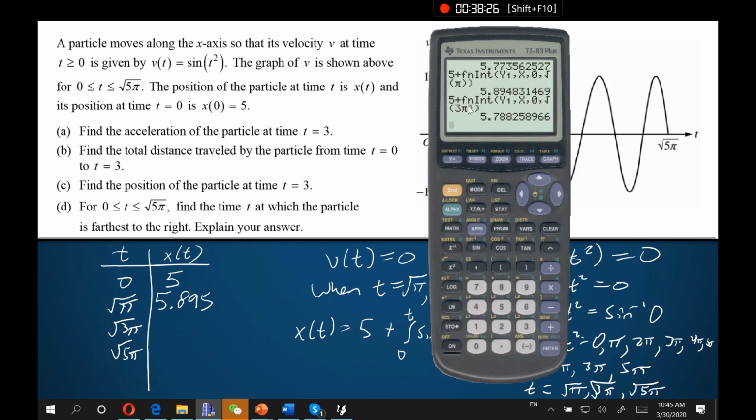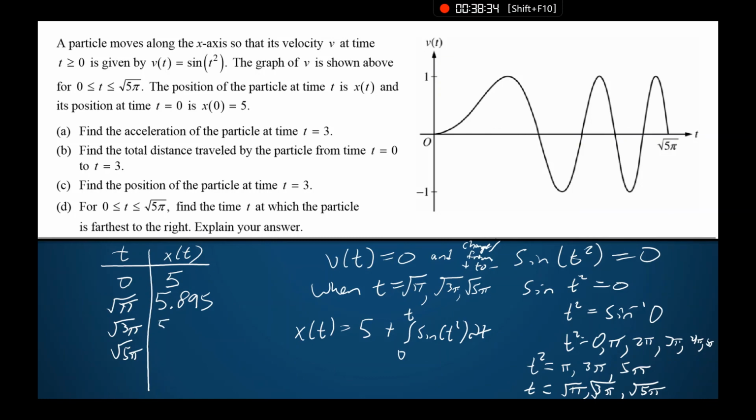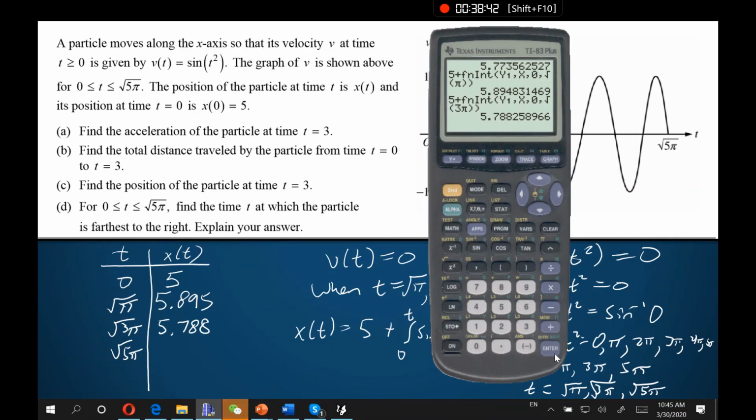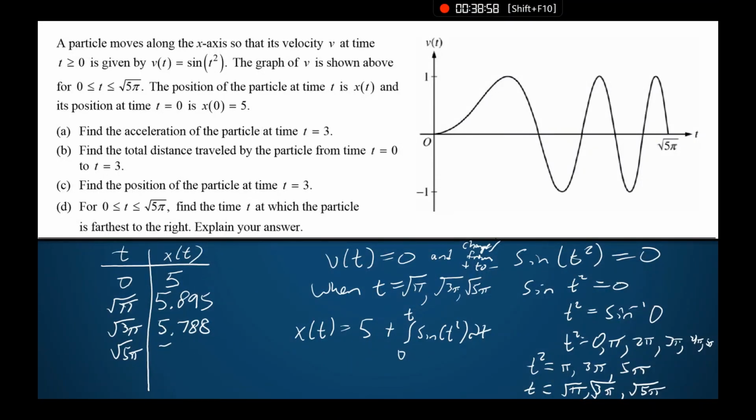Same formula, we just changed the upper bound. This is lower, 5.788. We do the same thing again, changing that 3 to a 5, so this is from 0 to the square root of 5 pi now. That gave us a position of 5.752. Okay, so which one is the furthest to the right?